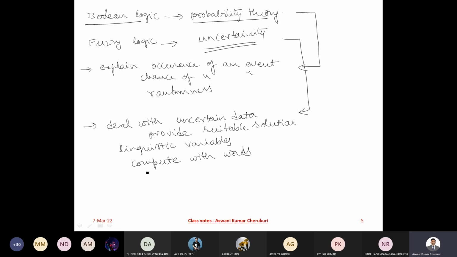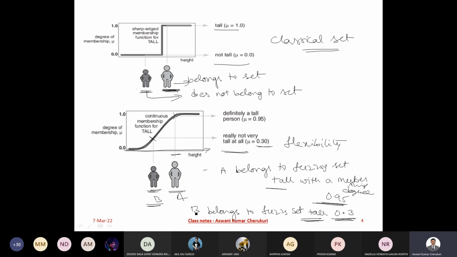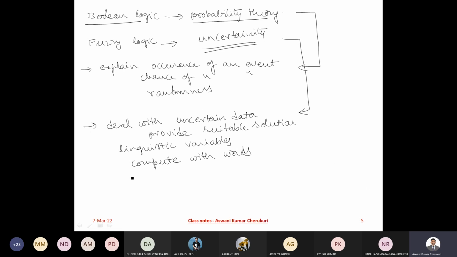Another thing: previously we have seen in the example that B belongs to the fuzzy set with a membership value of 0.3, and A belongs to the fuzzy set with a membership value of 0.9. How have these values come? Fuzzy logic uses membership functions.